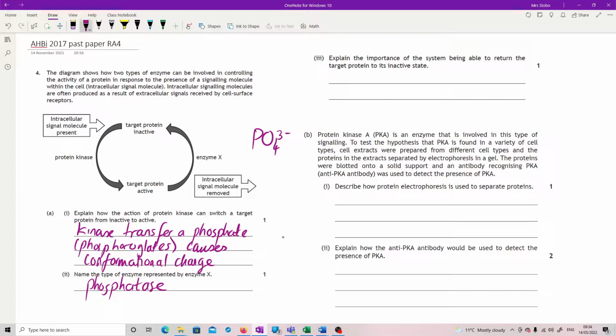Well, if you didn't have it back in its inactive state, it wouldn't be able to respond. So basically it returns it to a state where it can respond again.